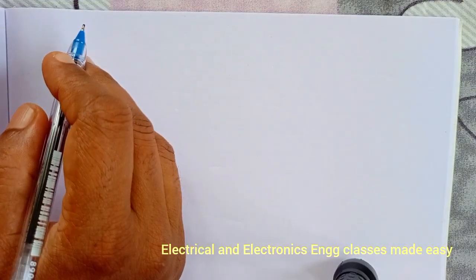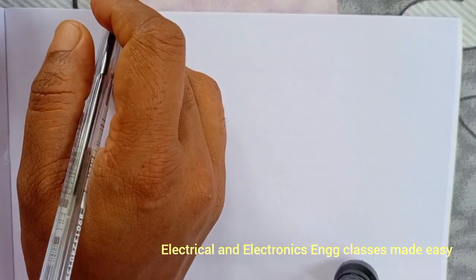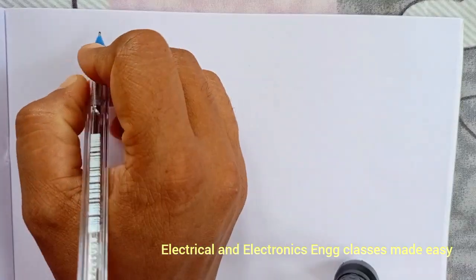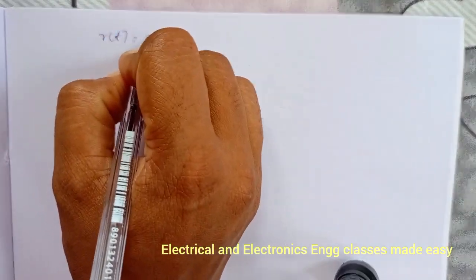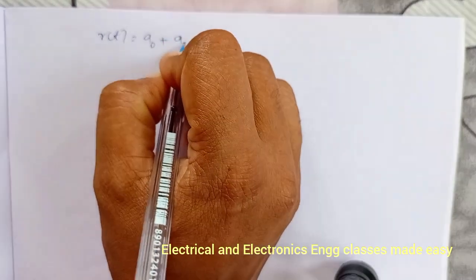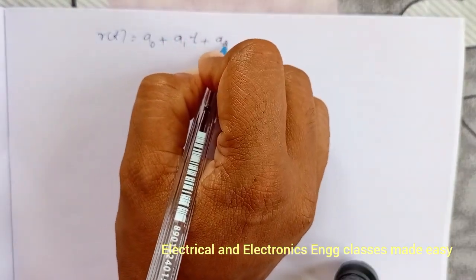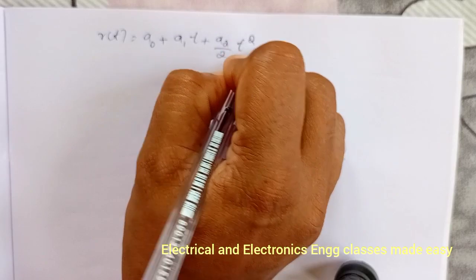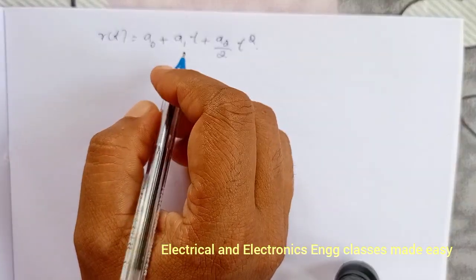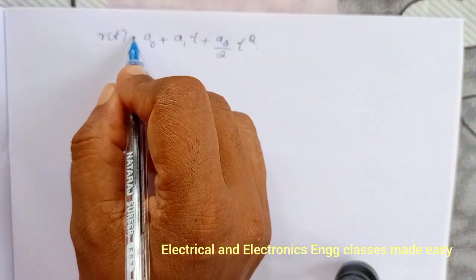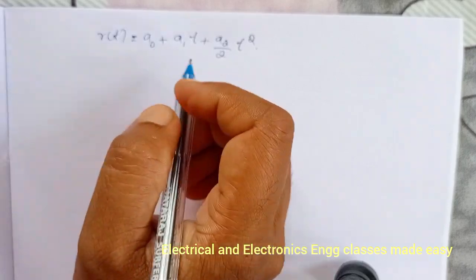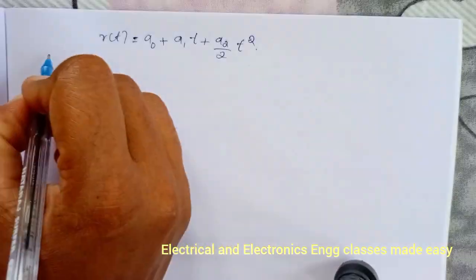And now we have to find the steady state error. So for that r(t) is given as a0 + a1 t + (a2/2) t², and from this we can write R(s) on taking Laplace transform.